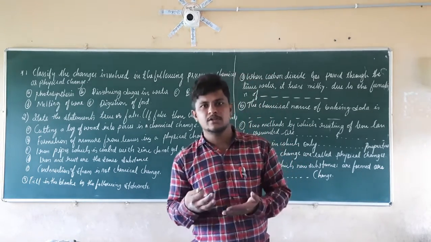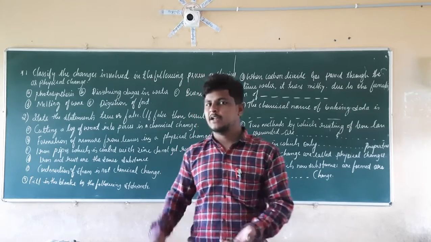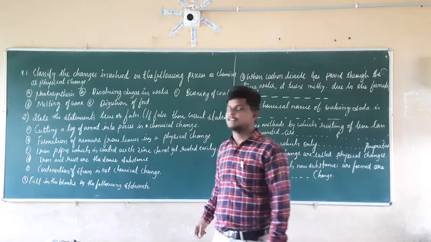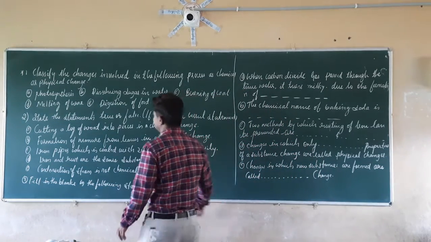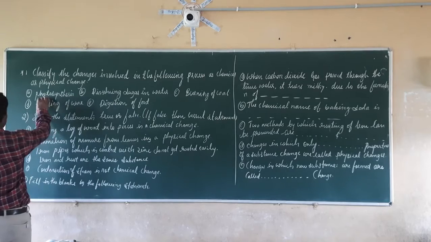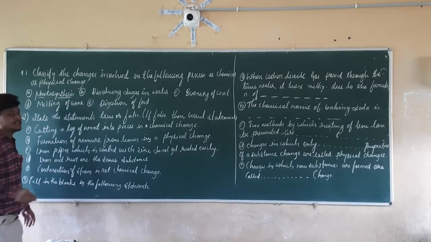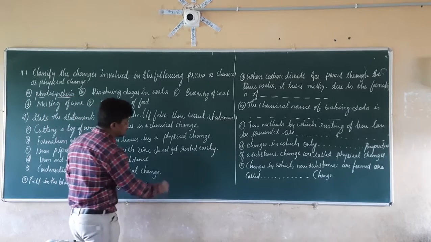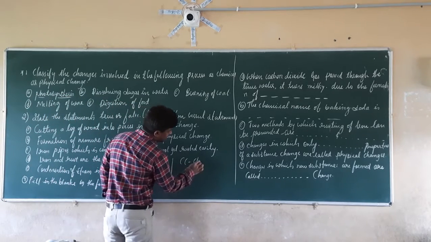Glucose is a new product. If a new product is formed in this reaction, then it is a chemical change. So the first one is a chemical change. I am going to denote chemical change as Cc and physical change as Pc.